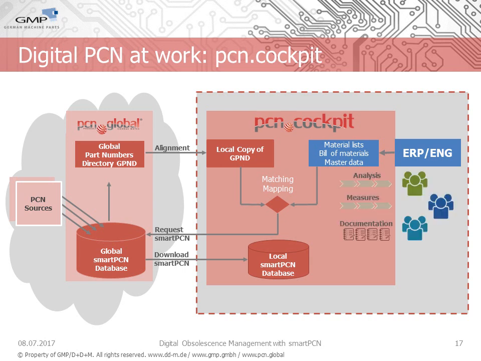Then internal workflows for analysis and measures can be started. The documentation is an integrated part of the database. Affected organizations can be reminded by email. And finally, data can be migrated into the ERP and engineering systems.